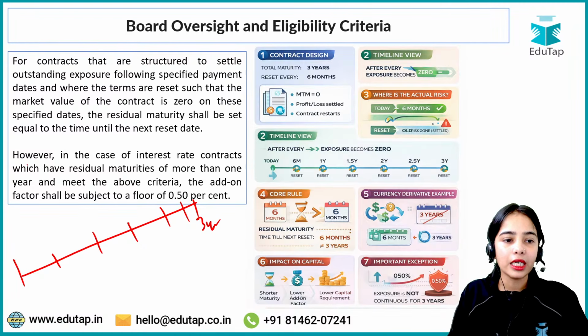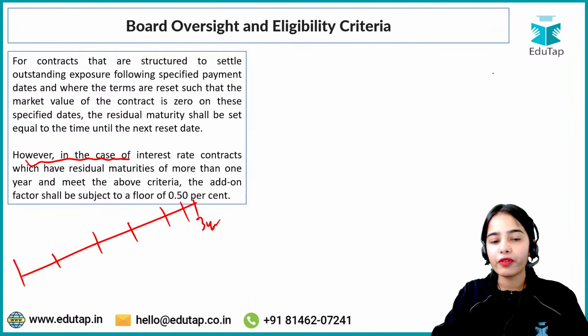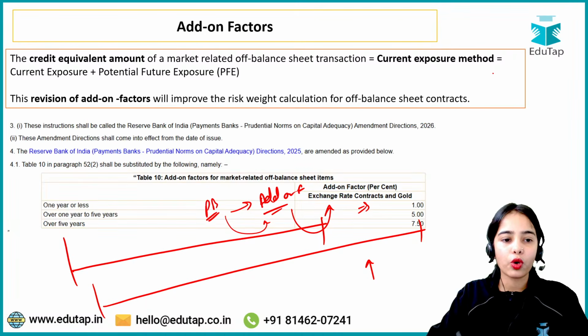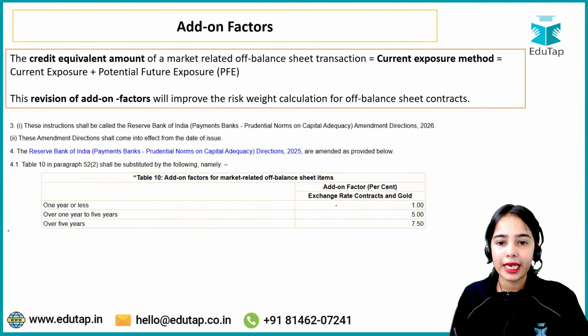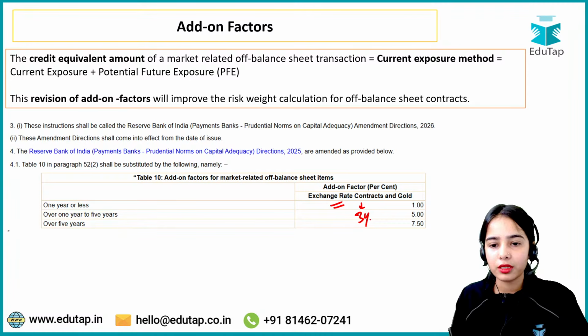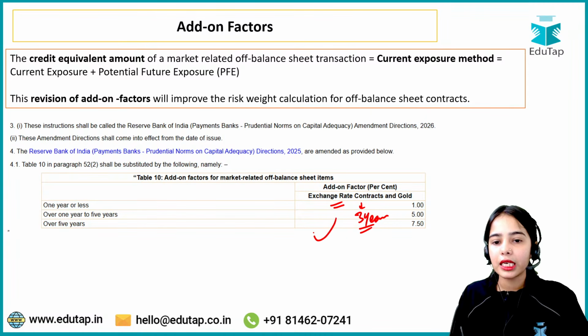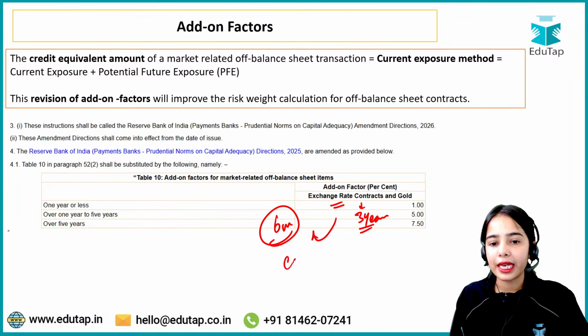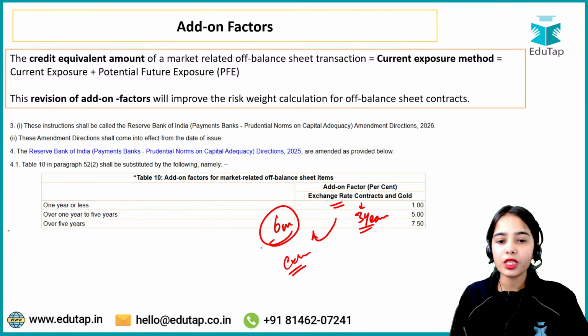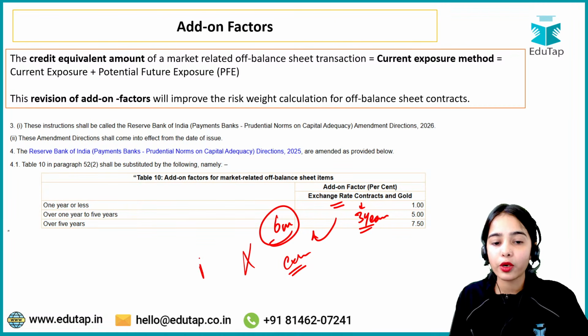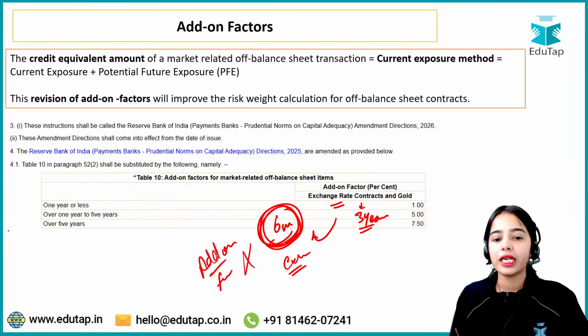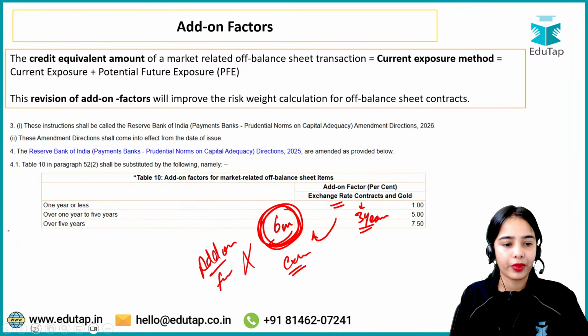So this is the idea. However, in this case, the add-on factor will be how much? Even if the exchange rate contract is of 3 years, because after every 6 months the exposure is being settled, is there no add-on factor that has to be maintained, right? Because after every 6 months, the exposure is being settled.